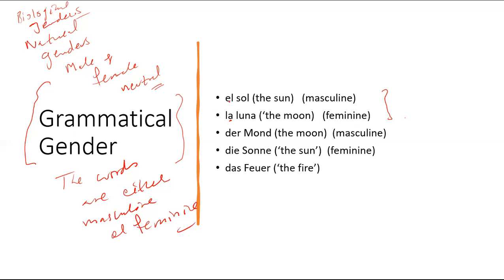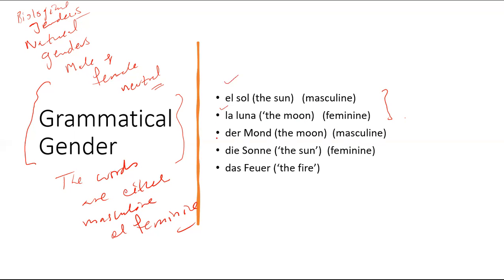Why do we call it grammatical gender? Because the notion that the object is masculine or feminine is indicated in language through words. So these words indicate whether something is masculine or feminine.